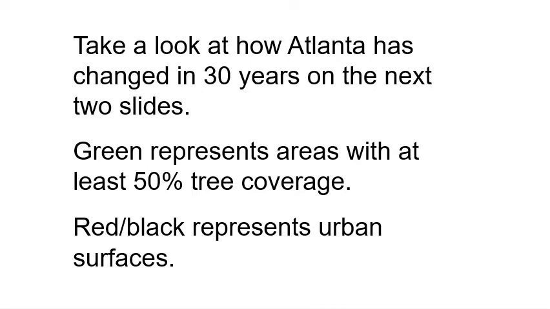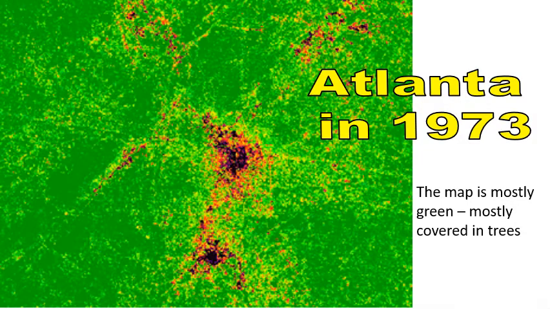First of all, we're going to look at an infographic about how Atlanta has changed in the past 30 years. On this graphic, green represents areas that are at least 50% covered with trees, and red and black means urban areas like buildings and roads and parking lots. You can see in 1973, a lot of the Atlanta area was covered in trees. There's our downtown area. Here's our area down near the airport.